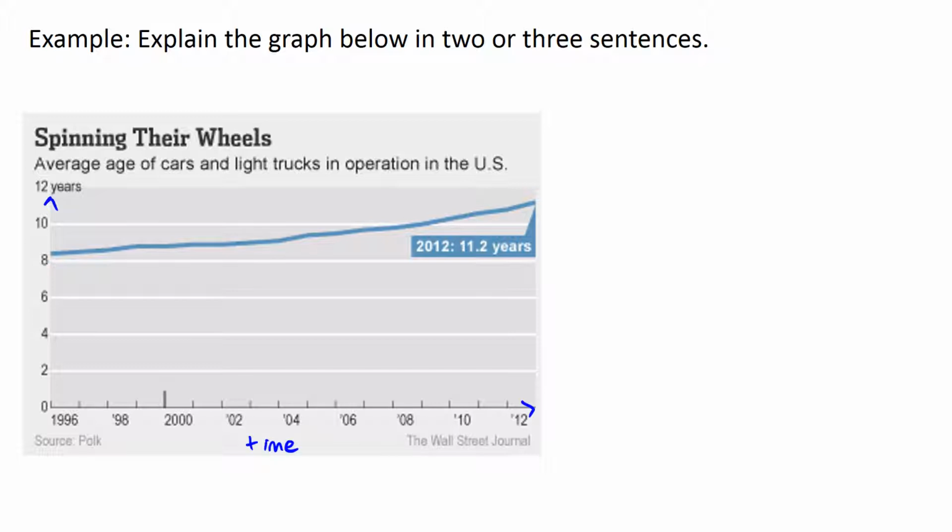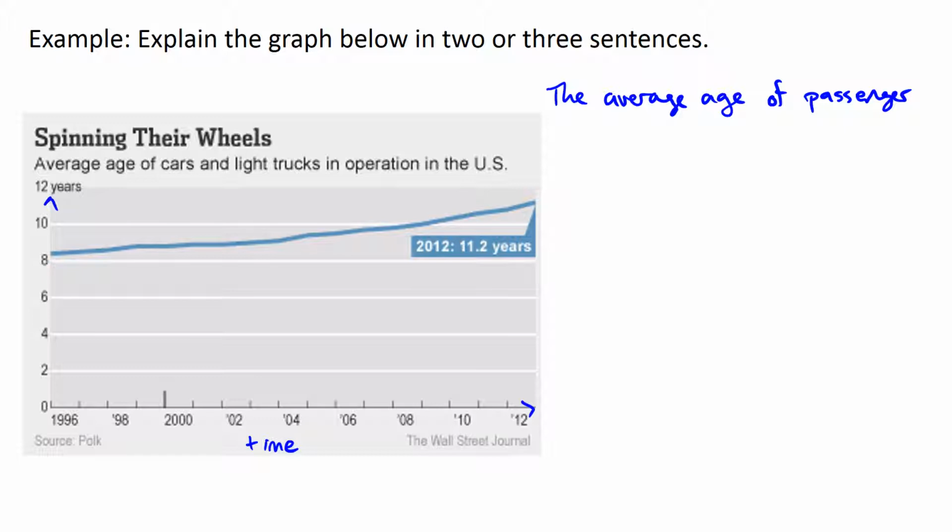So how do we explain what's happening? Well, to me, it looks like the average age of passenger vehicles, and I'm using a vocabulary that's not part of the graph, so you don't have to describe it that way.